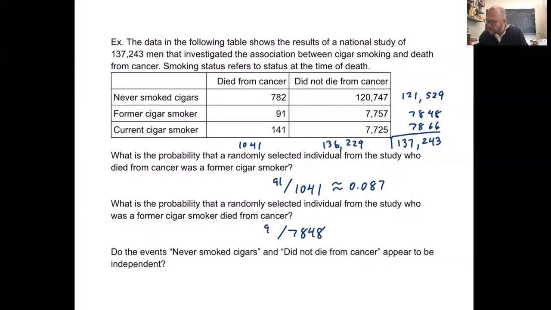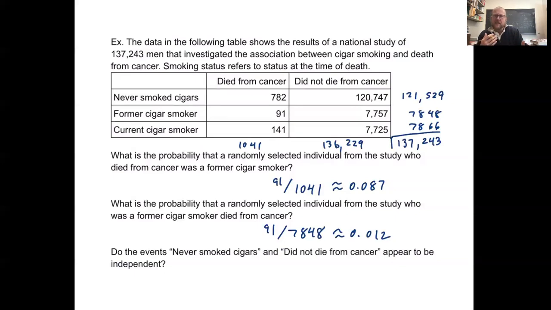And that is still the 91. So if we do the division there, 91 divided by 7,848, we get 0.012. Okay.